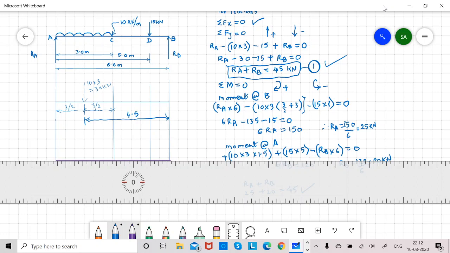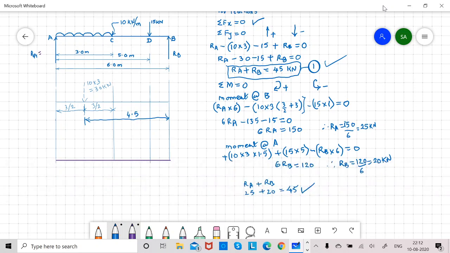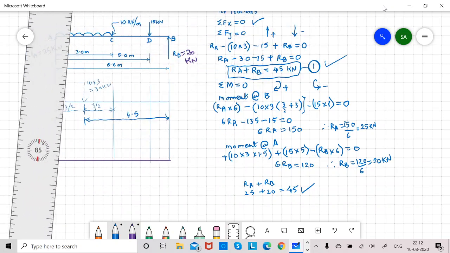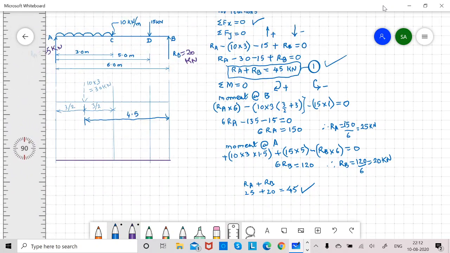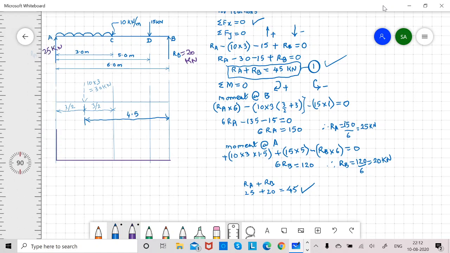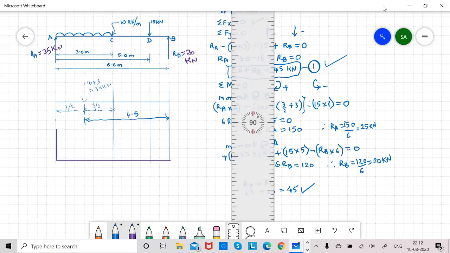We got RA equal to 25 kilonewton and RB 20 kilonewton. So to start with A, 25 kilonewton upward. So this is 25.